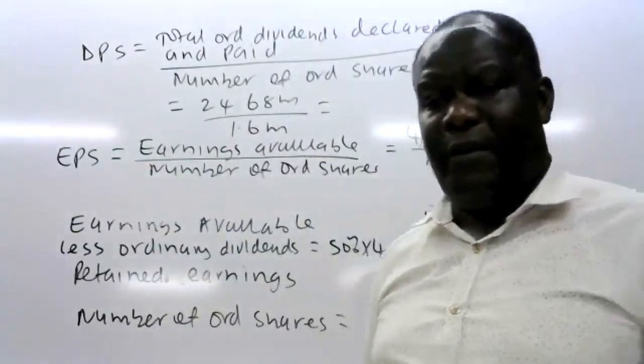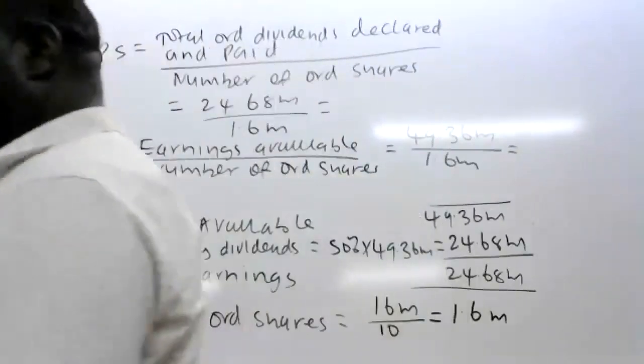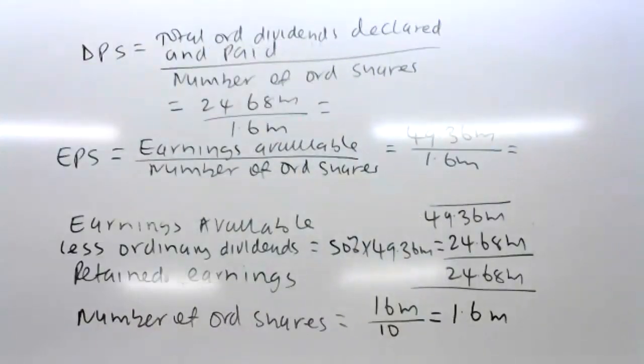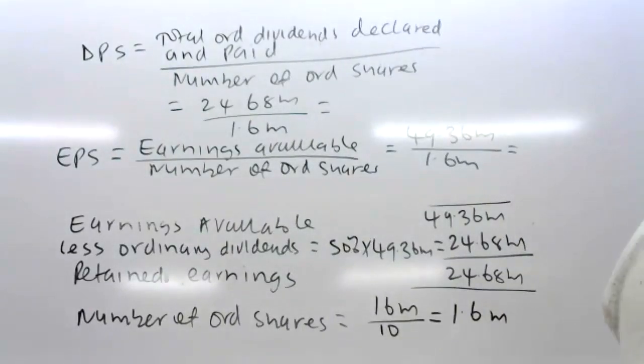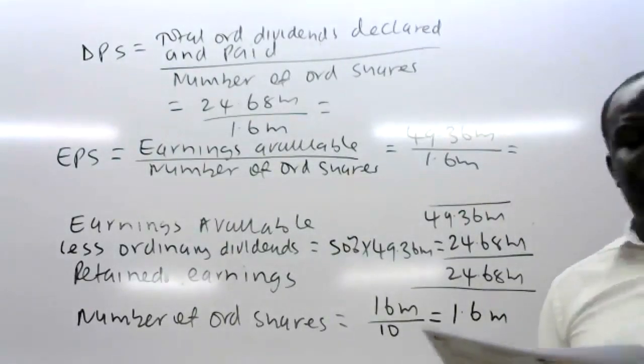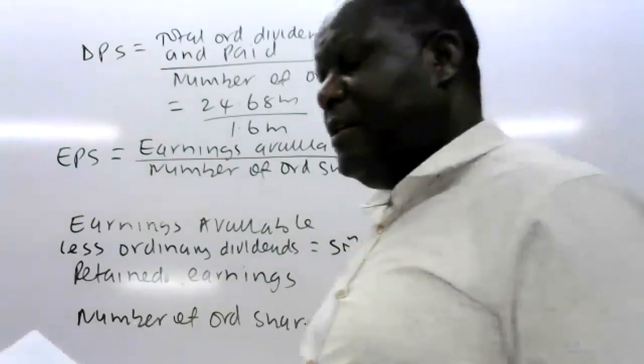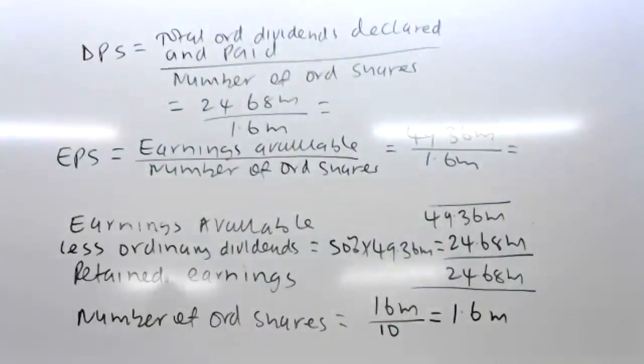You are given earnings yield, dividend for the year, nominal value per share, and market price per share. Required: Roman letter 1, earnings per share; Roman letter 2, dividend cover; Roman letter 3, the price earnings ratio.